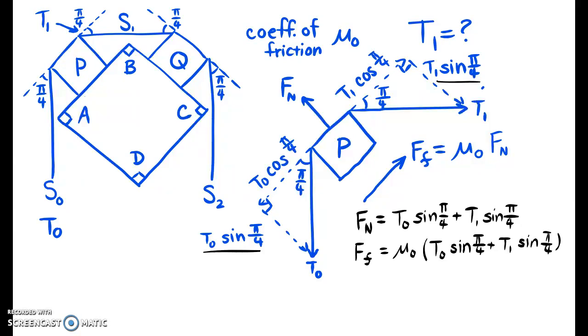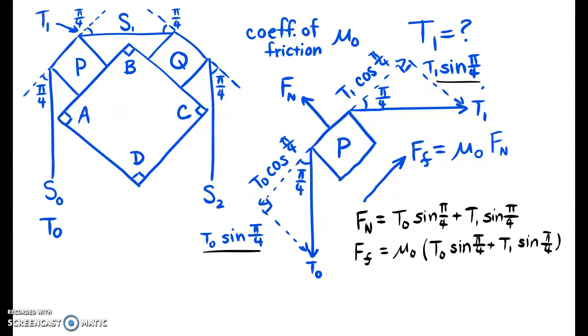Now we still want to find T1, so we can see that the components of the forces T0 and T1 that are parallel to the surface AB will cause an acceleration of P to either go downwards on the slope of AB or upwards on the slope of AB. And since we want P to remain at rest, that means the forces acting on P in the parallel direction must be equivalent for opposite sides.